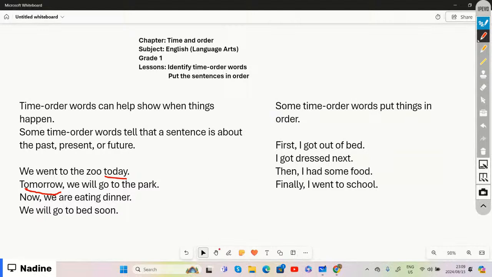And that basically tells us that we are currently having dinner, which is now. And we will go to bed soon. Soon tells us when we are going to bed.